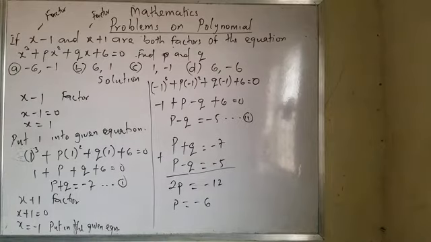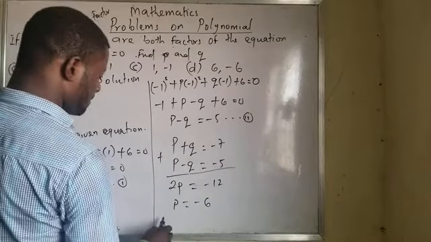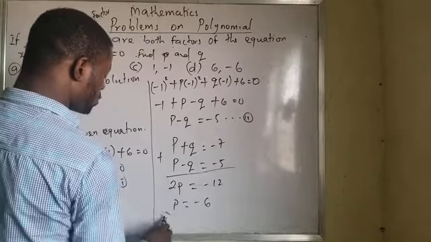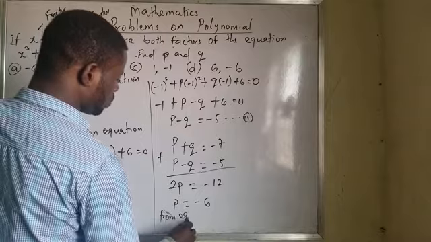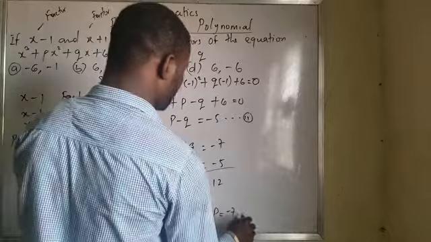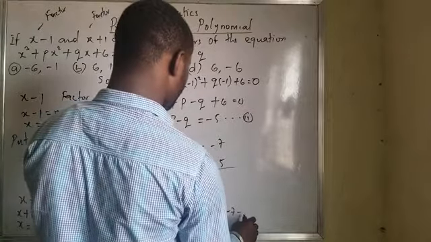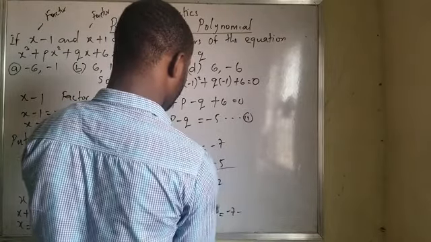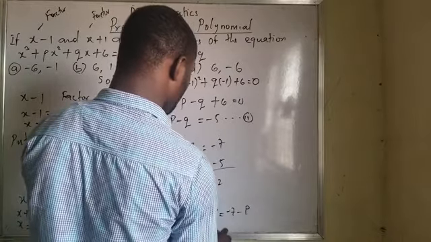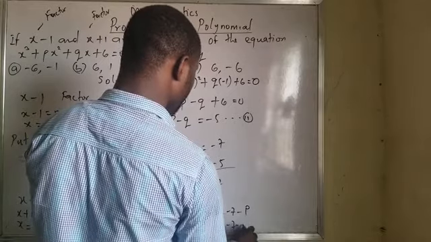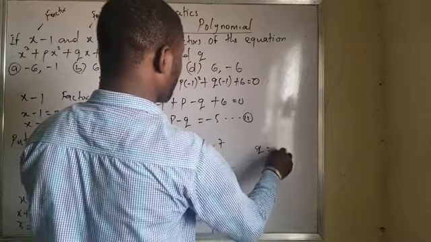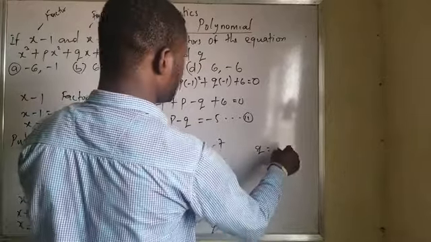Since my p is minus 6, I can now say, from equation 1, p plus q equals minus 7. So q will be equal to minus 7 minus p. q will now be equal to minus 7 plus 6, which is going to be minus 1.